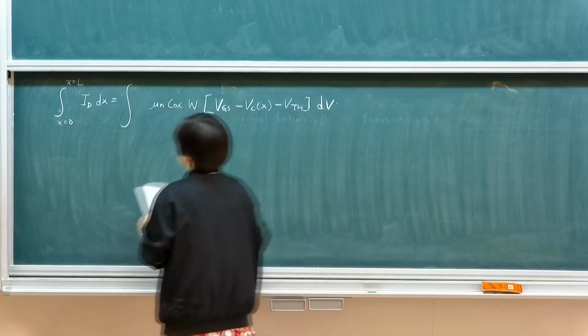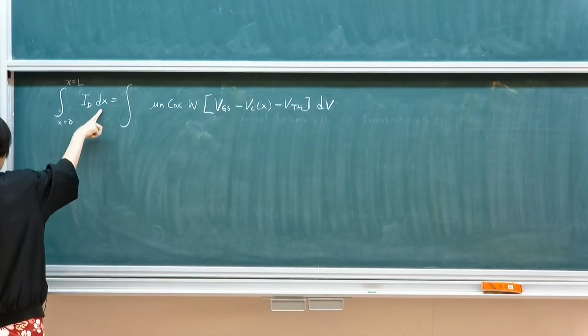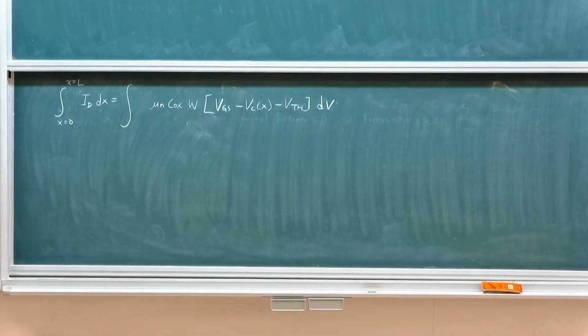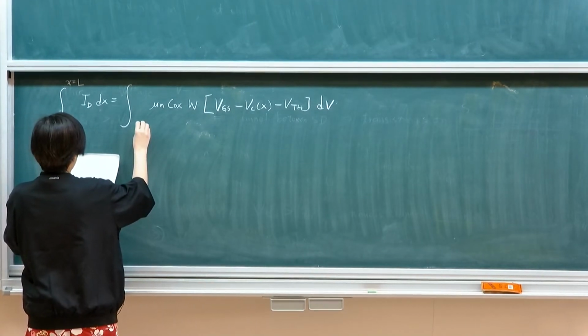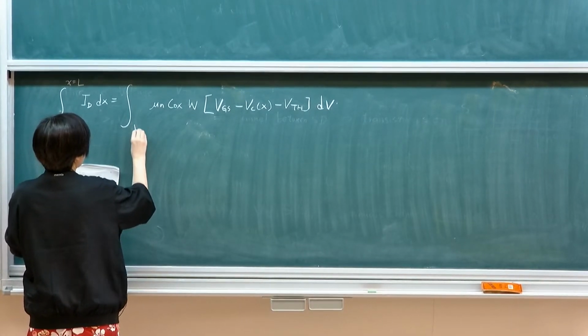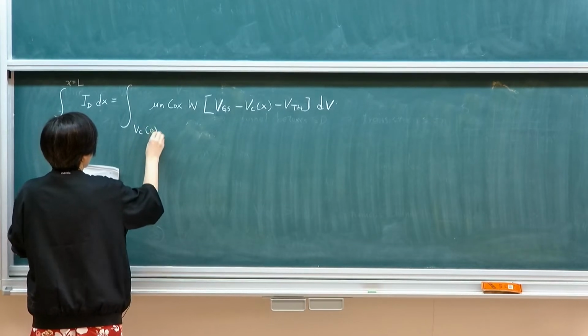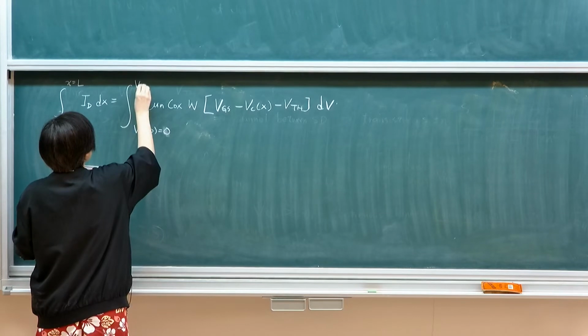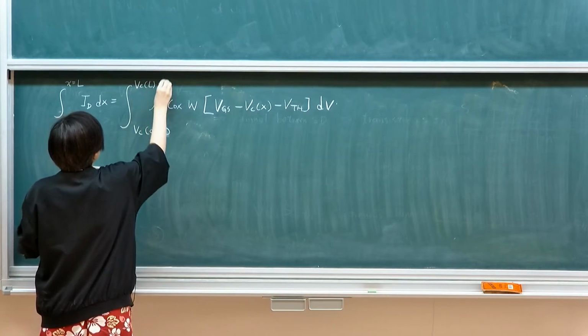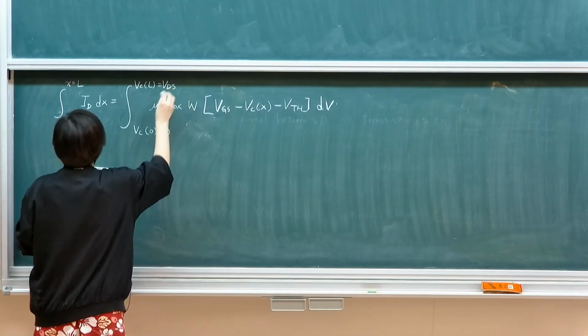So I'm doing the integral of dx on one side and the other integral on the other side. This is Vc at 0, Vc at L. These are my boundary conditions.